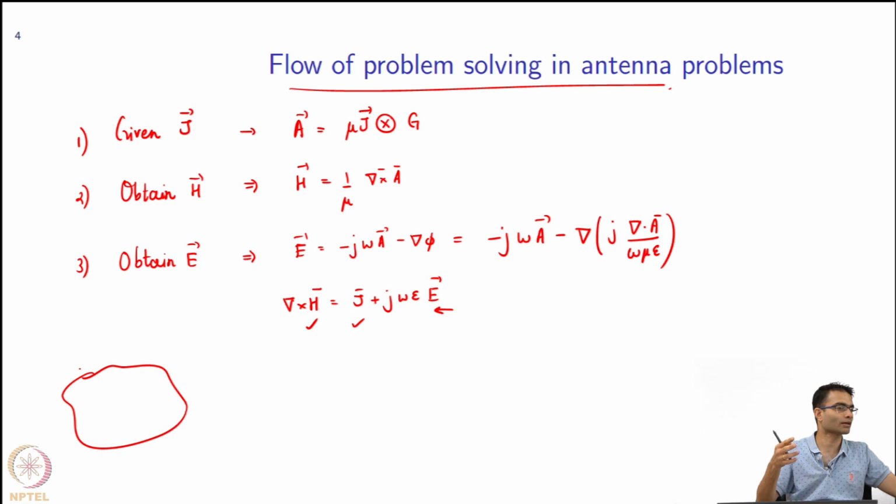Every time I change a current pattern, I get a different radiation field. So, the gauge condition is not violating the uniqueness theorem, because whatever different gauge condition I choose, I get the same E and H. If I get the same E and H, the tangential fields on this contour are the same. So, the uniqueness theorem does not get violated. You get the same fields. It is like an intermediate variable. It is just a detour.